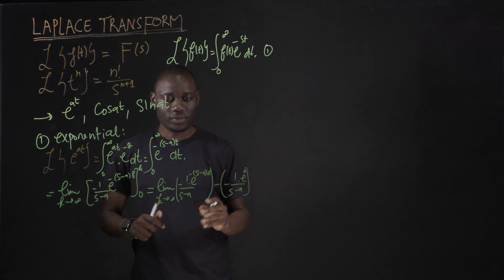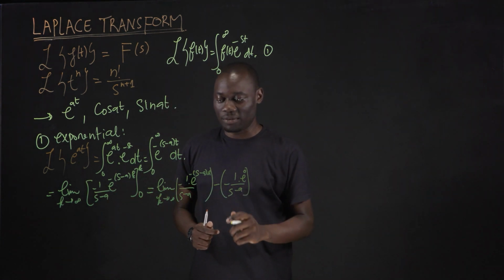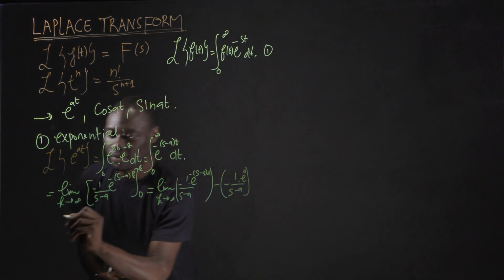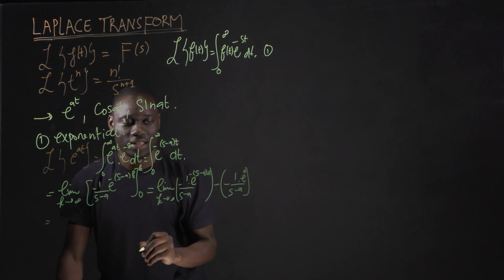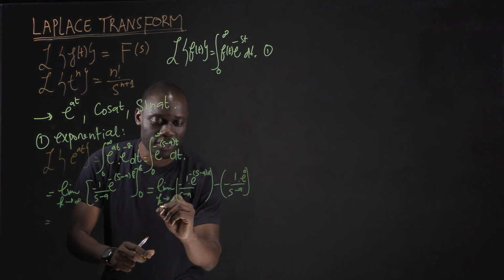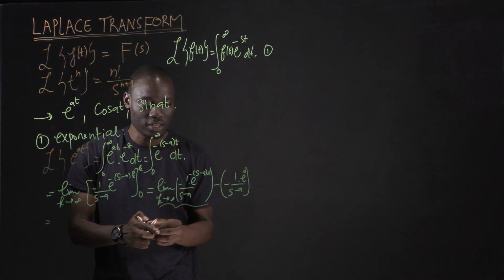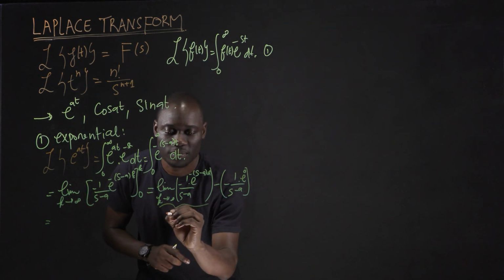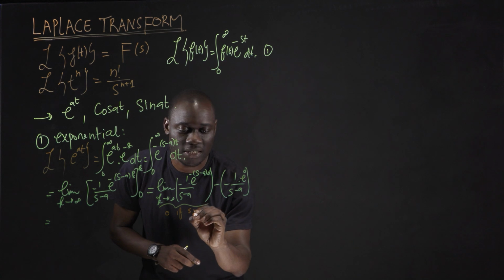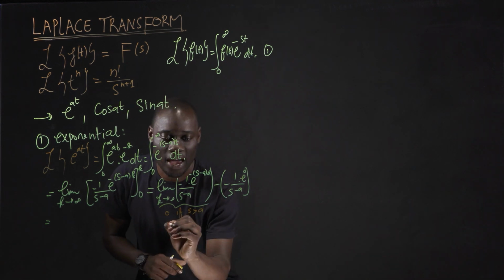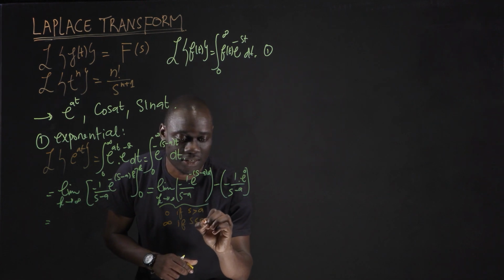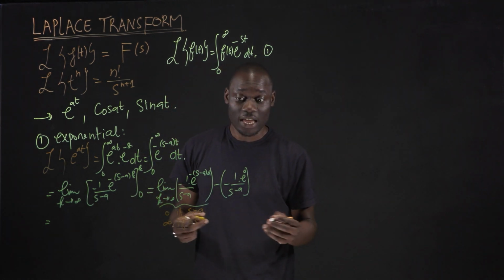Now let's have a look at how we analyze this. This term will be 0 if s is superior to a, and it will be infinity if s is less than a. That is, it will diverge.